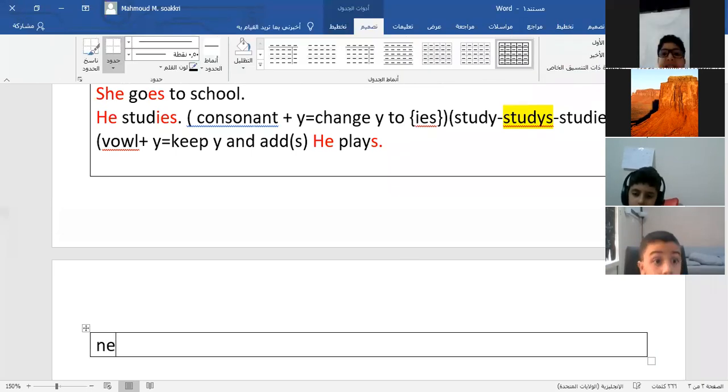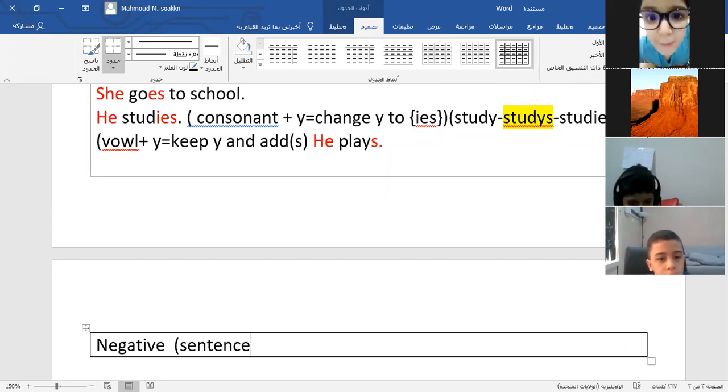Anyway, let's study the negative sentence. Negative sentence with don't.